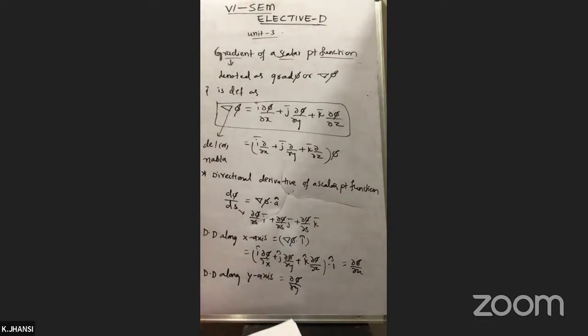So if you know the definition, the main thing is how the gradient is defined, and the other is how the directional derivative is defined along the unit vector a. That is also important. If you know these two definitions, with the help of that you can solve the problems. One thing is finding the gradient of the given function.